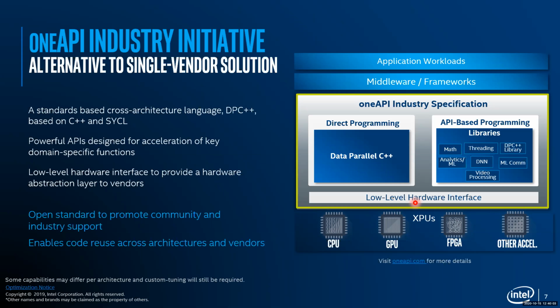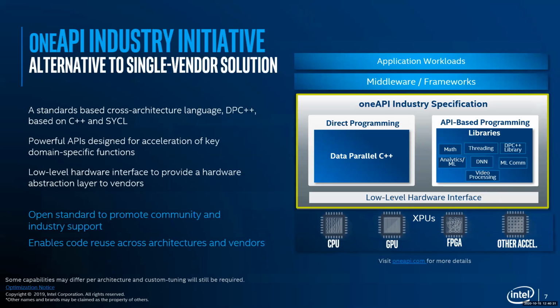Together, these components allow other companies to build their own implementations of OneAPI. So you can visit oneapi.com to get more details. Also there is an open call for feedback in there. So please feel free to visit oneapi.com to get more details on that.